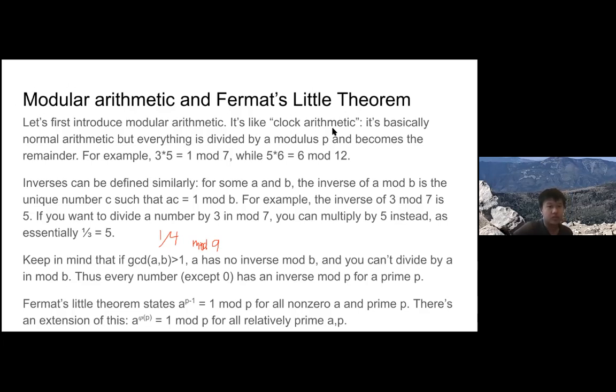Basically, you want the number such that when you multiply it by 4, you get something that's 1 mod 9. It might take a bit of guessing and checking to find what it is.